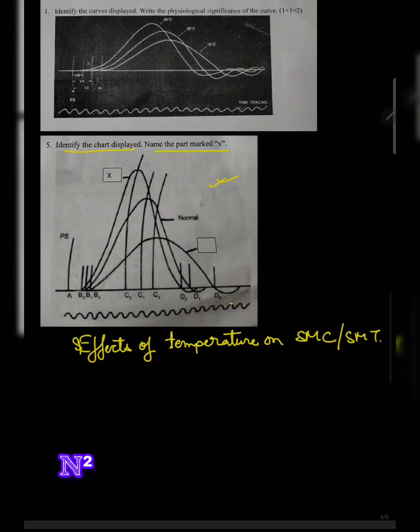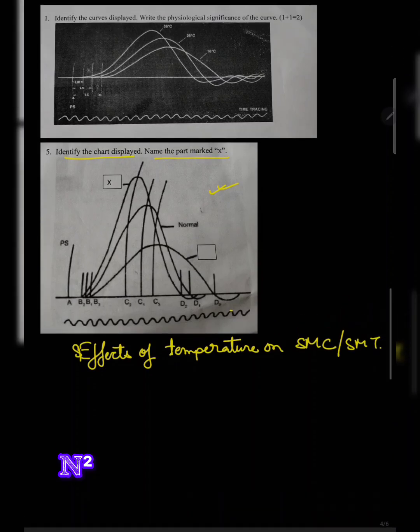You can see when the temperature is more, 38 degrees Celsius, that is high temperature, the amplitude of the curve is more, as well as the latent period is less.